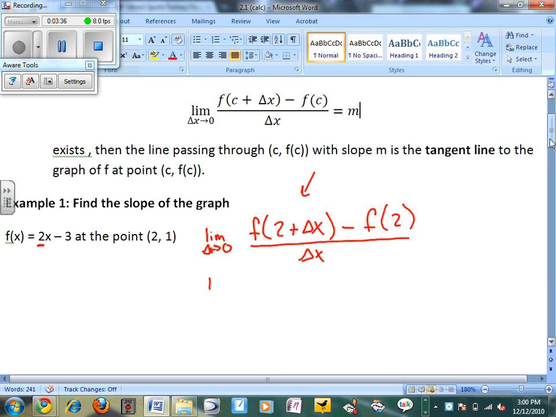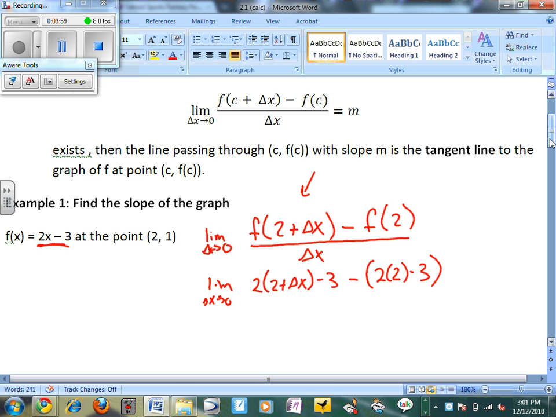So we're going to take the limit as change of x approaches 0 of 2 times 2 plus change of x minus 3, because that's the function. Just plugging 2 plus change of x in for x. And then we're going to subtract 2 times 2 minus 3.